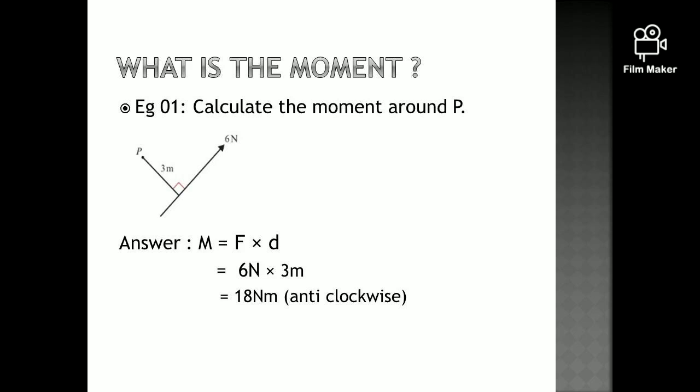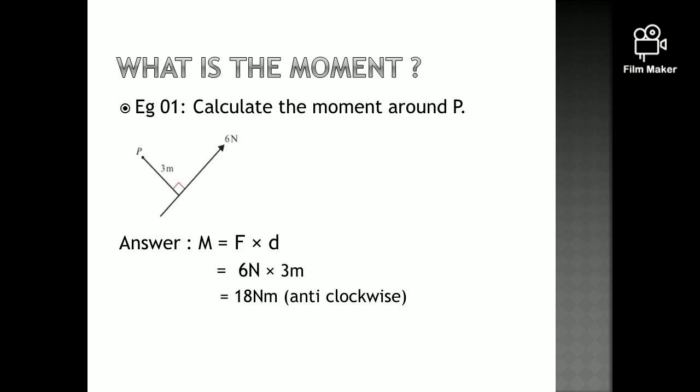Then, as I mentioned, we have to identify the direction, whether it's clockwise or anti-clockwise. I will teach you an easier method to identify the direction. First, take your pen and hold the book from the point P. Keep your pen on point P and hold it.